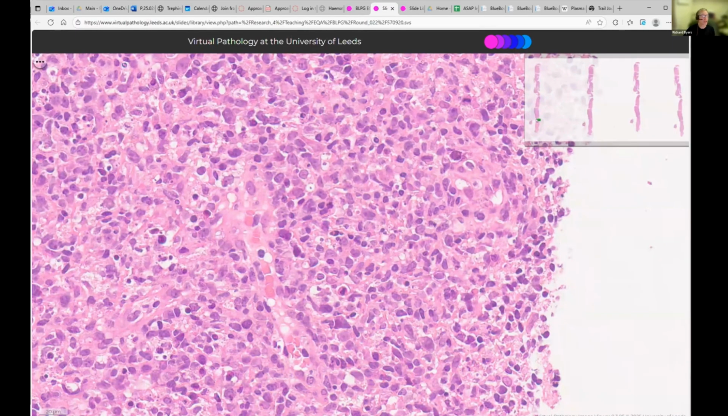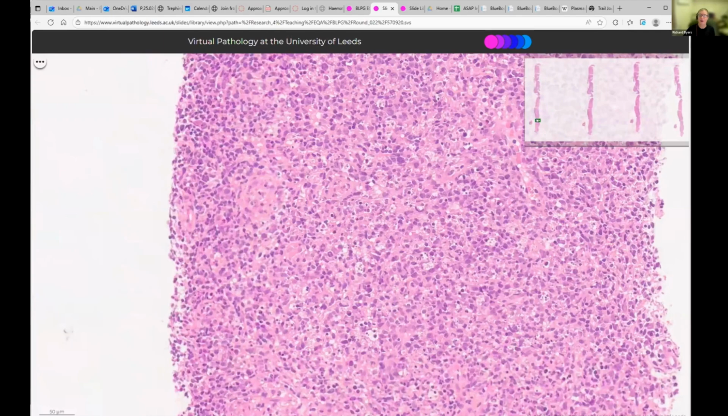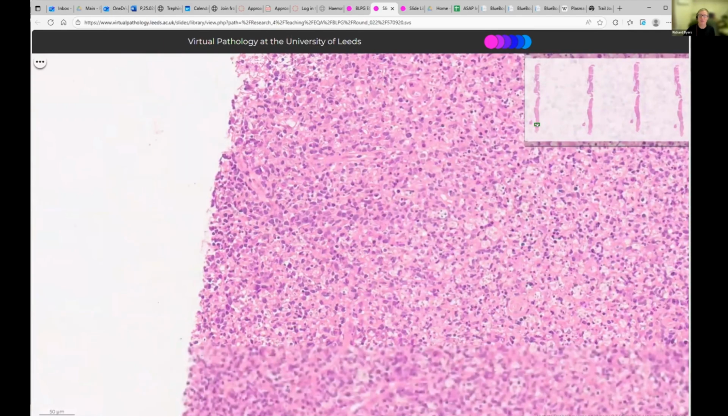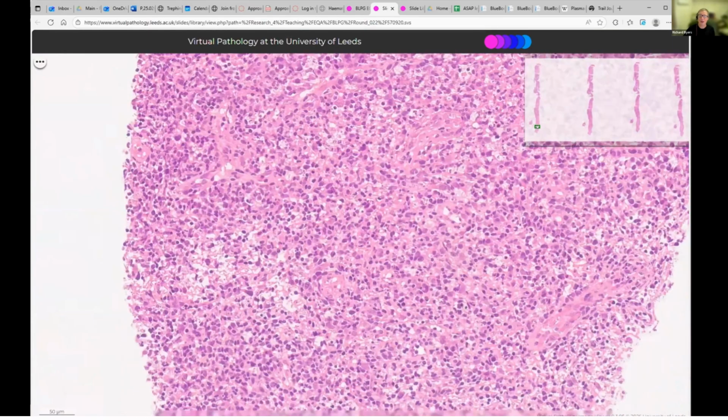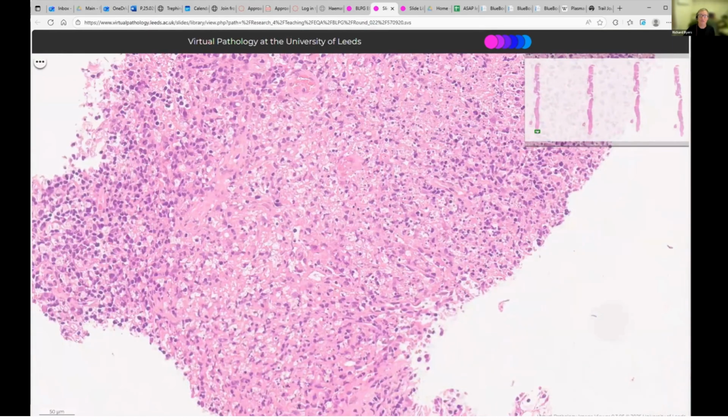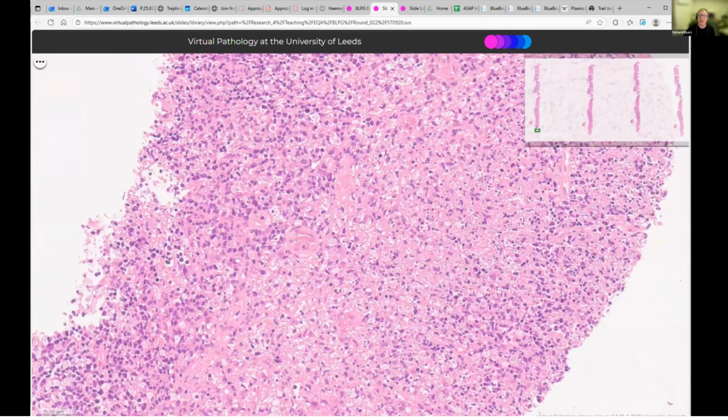Okay, so we've got a very good suggestion there from Takesh of lupus lymphadenitis. So I think that's a really good suggestion, actually.